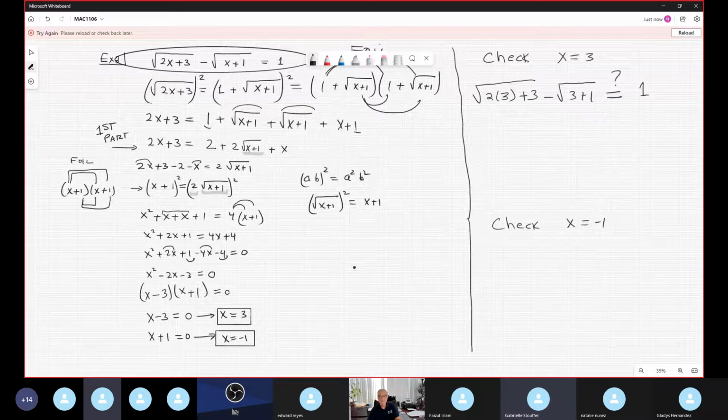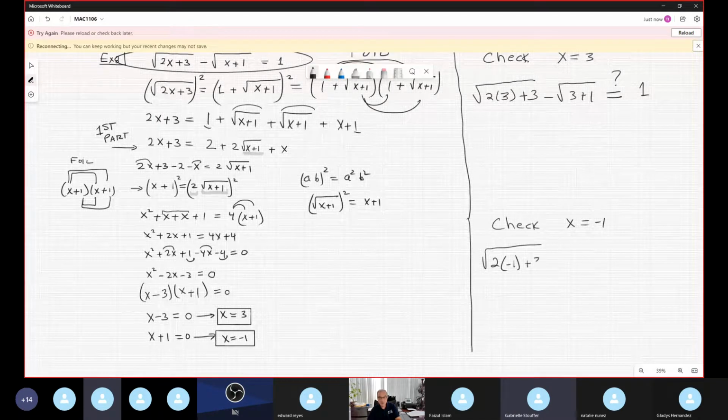I claim that. Likewise, square root of 2 times -1 plus 3, minus square root of -1 plus 1, should be 1.